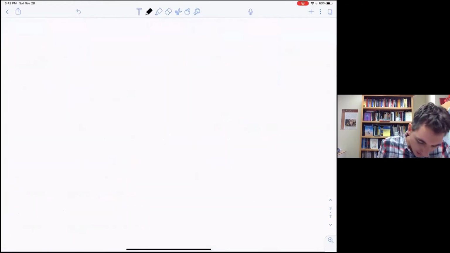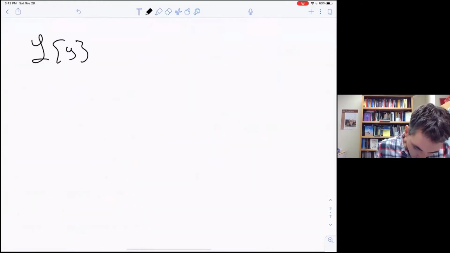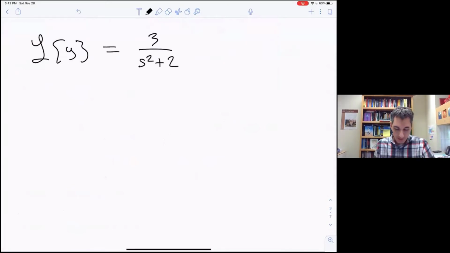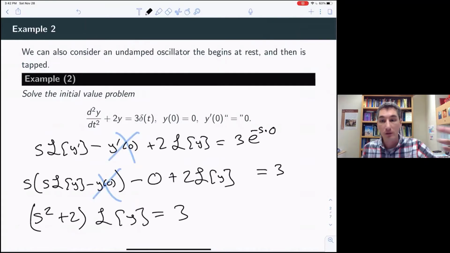So L of y would equal 3 over s squared plus 2, if I just divide the s squared plus 2 to the right-hand side. So that's interesting: when you take the Laplace transform of the Dirac delta where t naught is 0, you just get a number, 3 in this case.